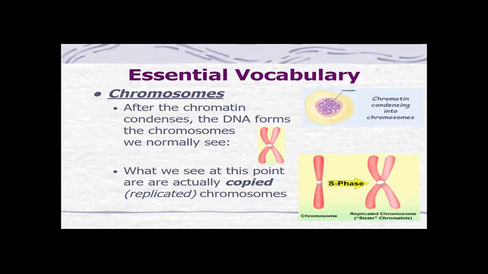So when the chromatin condenses during the M phase, now we're actually seeing 2 of those rod-like structures connected in the center. So when we see the X's, each half of the X is actually a copy. Each half is exactly identical.